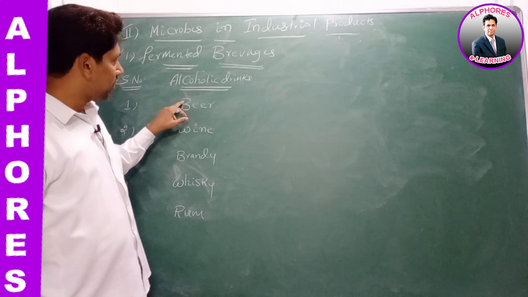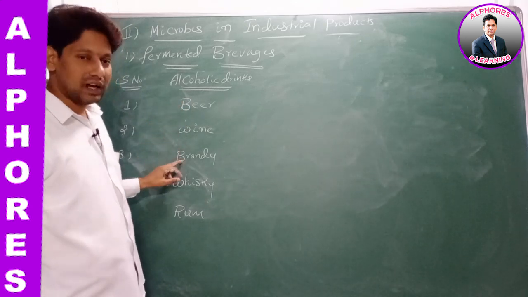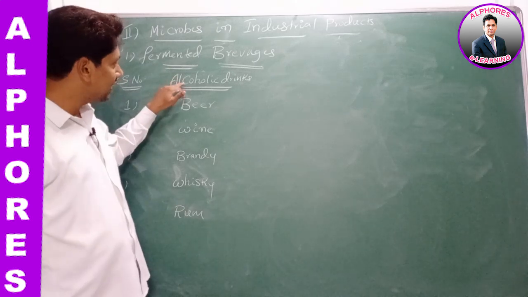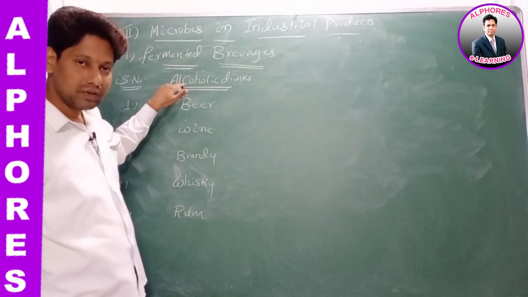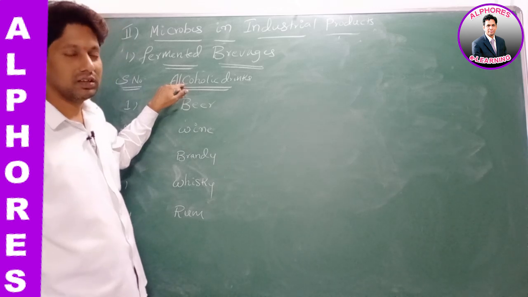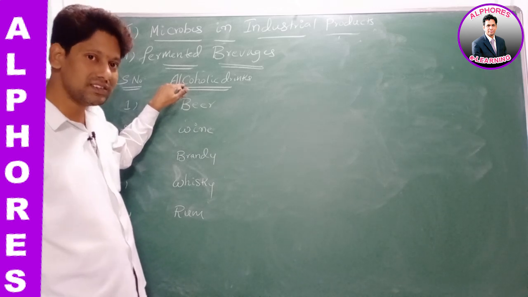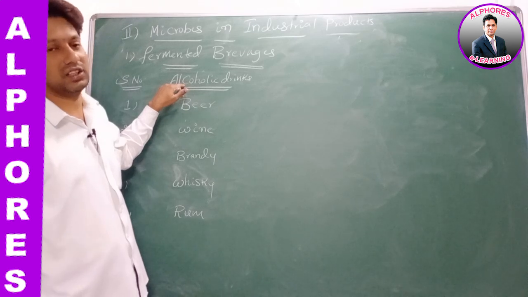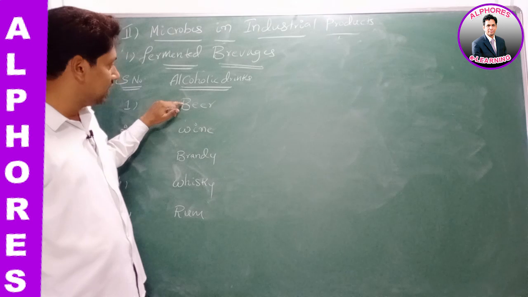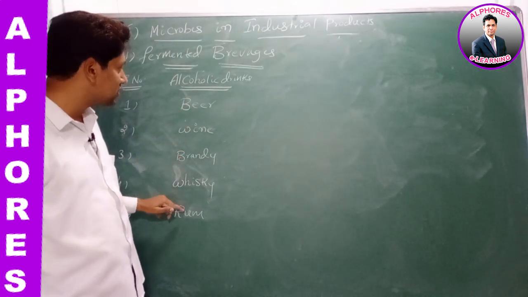Now from where are these different types of alcoholic drinks produced? I already told you. The alcoholic drink produced during fermentation depends on the raw material that is undergoing fermentation. Yes or no? Sir, from which raw material are these alcoholic drinks produced?